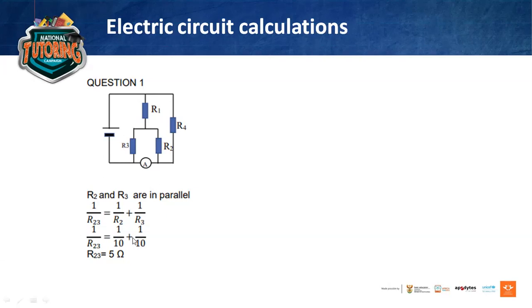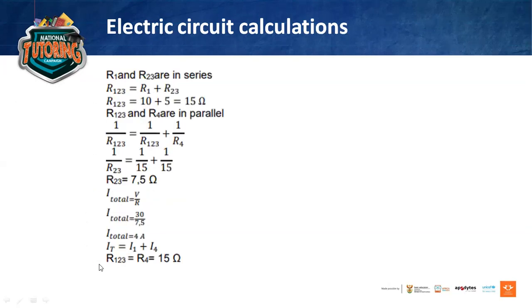So here it's going to be 2 over 10, but now swapping them around so that we can make R23 the subject of the formula, it's going to be 10 over 2. And that 10 over 2 is going to give us a final value of 5 ohms. Don't forget, guys, to always fix this side of your resistance so that you do not get confused.